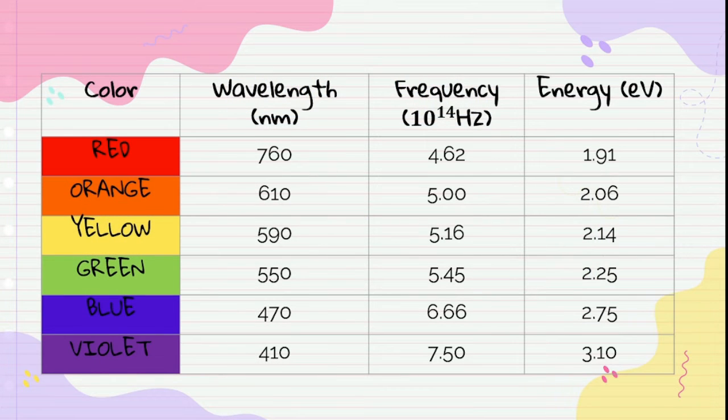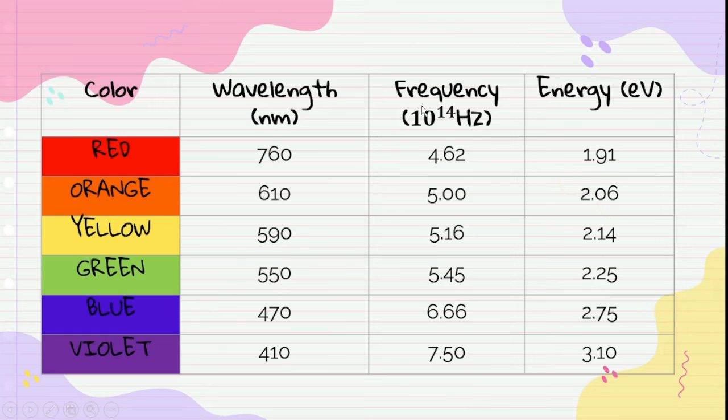The table shows the variations of wavelength, frequency, and energy of each color of visible light from red up to the violet. Red has the longest wavelength, having 760 nanometers, while violet only measures 410.